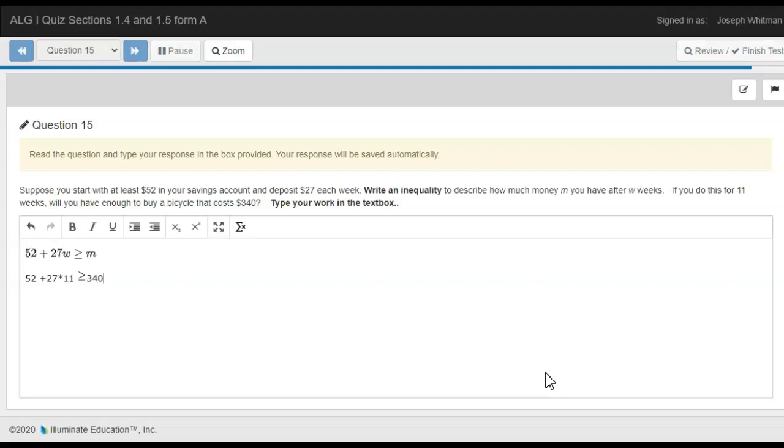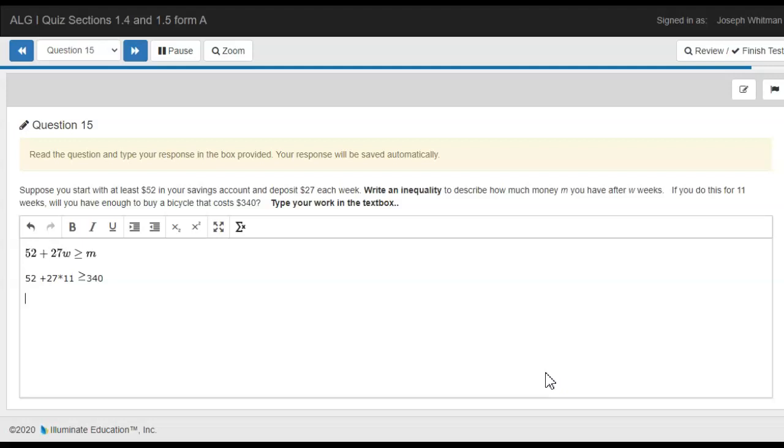It's $340. So then I do on my calculator, and 27 times 11, I have to do that first. I believe there was 270 plus 27, 297.